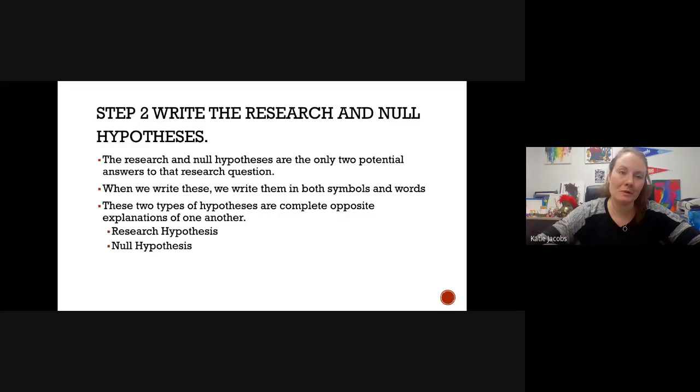If you remember previously, we learned that whenever we have sub symbols, they typically tell us something more about the larger symbol that we have. And so when we have H sub 0, another word for null is what? Another word for null is 0 or the absence. So it makes sense when we look at that symbol because we have the big H and then we have sub 0 to reference that it's the null hypothesis.